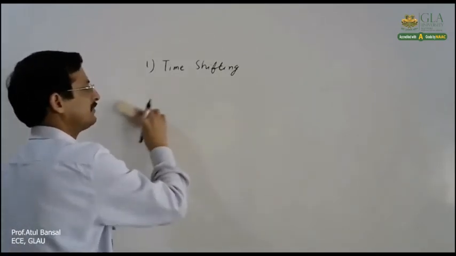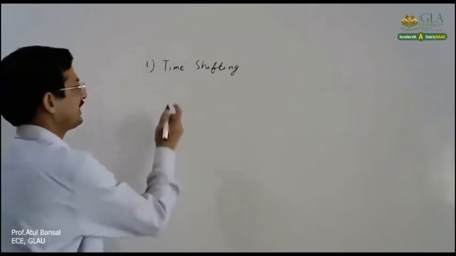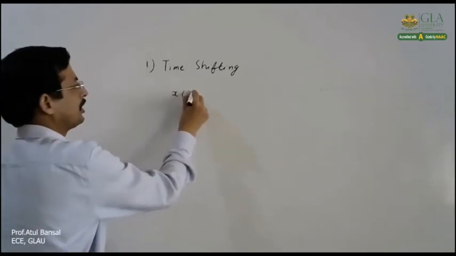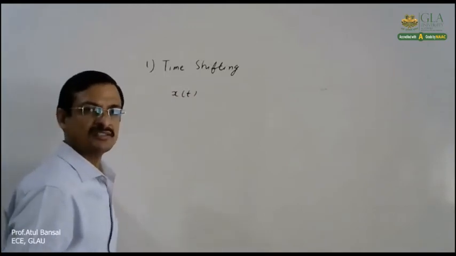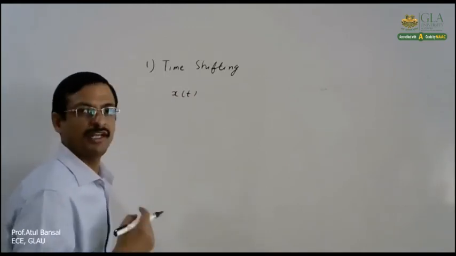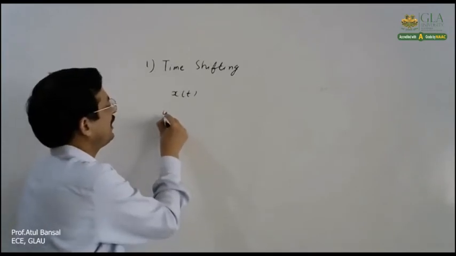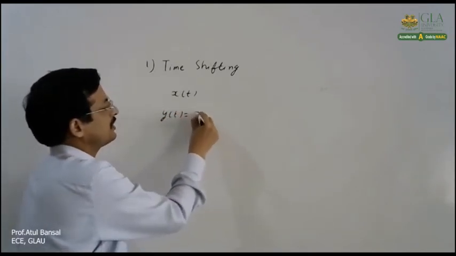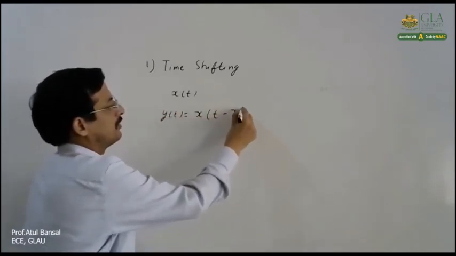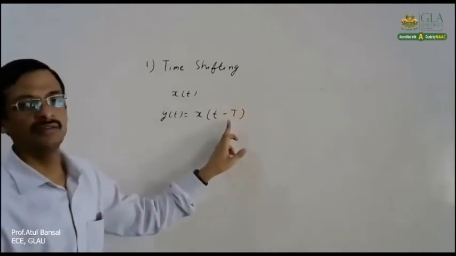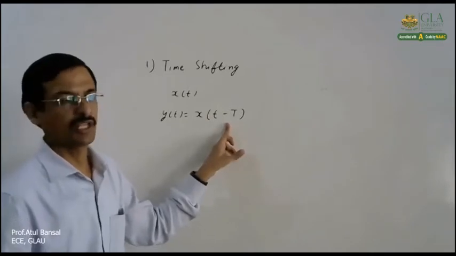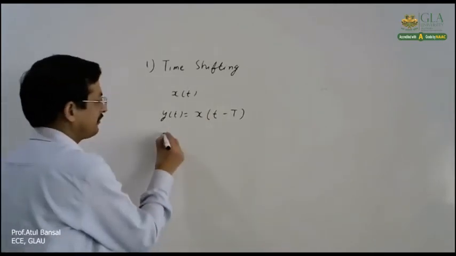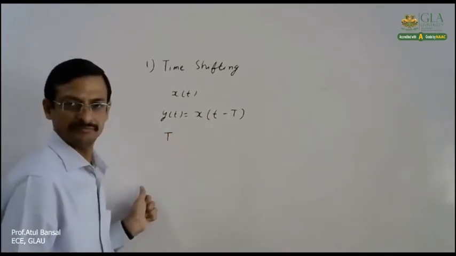So what we mean by that, suppose we have any signal x(t). Now we want to obtain a new signal which has some kind of shifting in time. Suppose I want y(t), a new signal which is being shifted by capital T, where capital T is a constant.